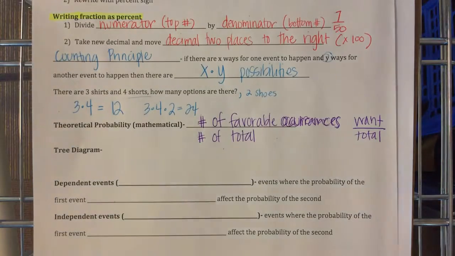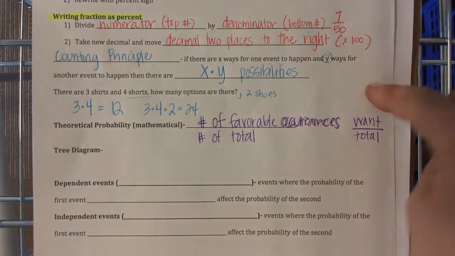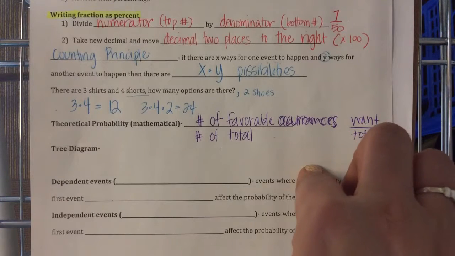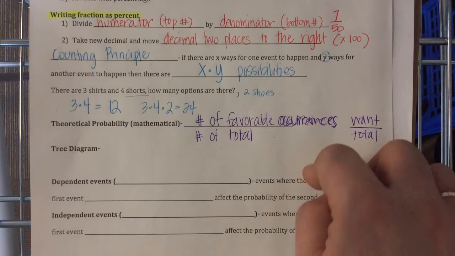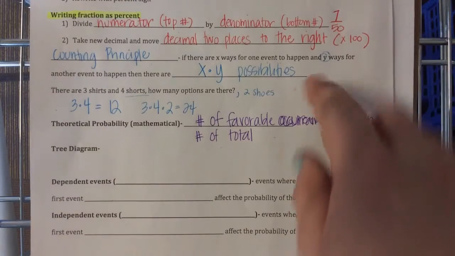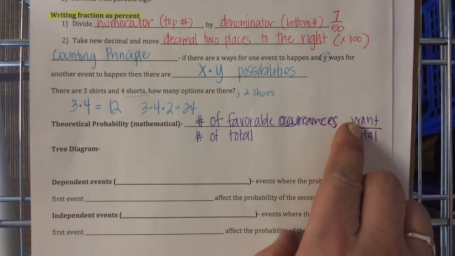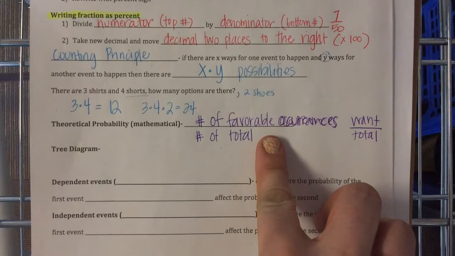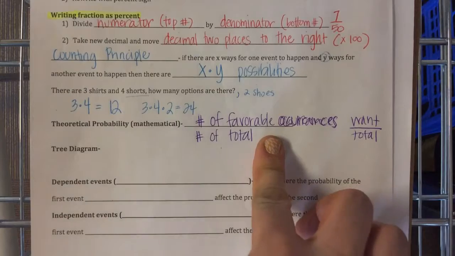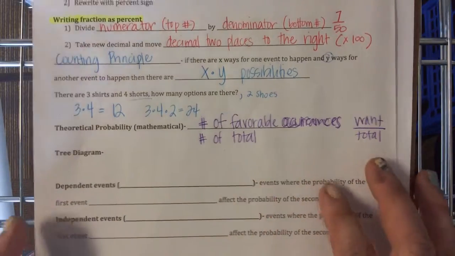Is 14 going to go on top in my numerator or on bottom in my denominator? If I want to pick a girl and there are 14 girls, where does it go? Numerator. It's what I want. What number would go on bottom? All of them. The total of all the students, boys and girls.